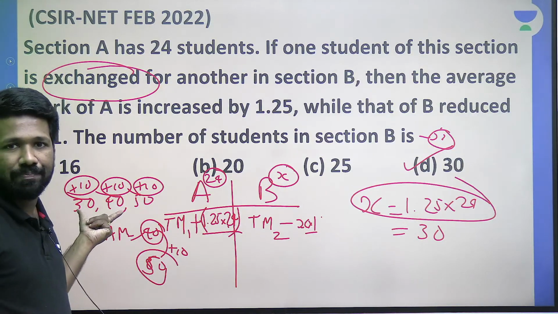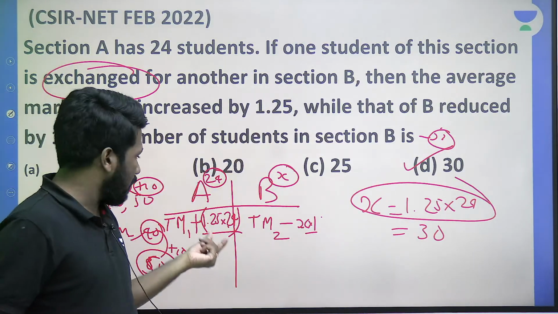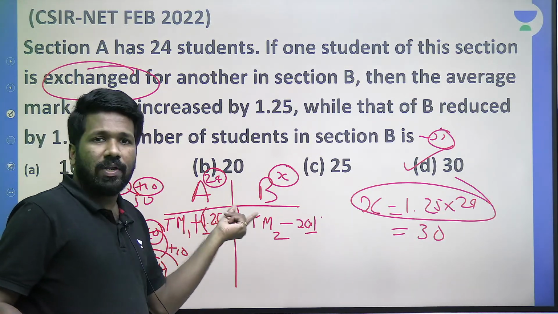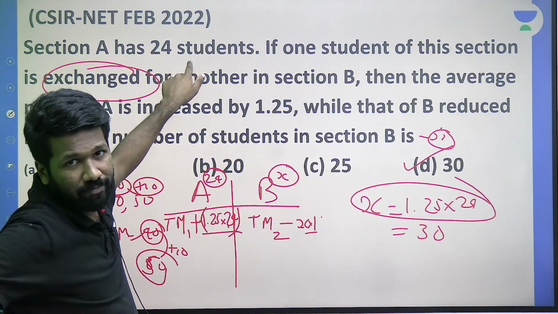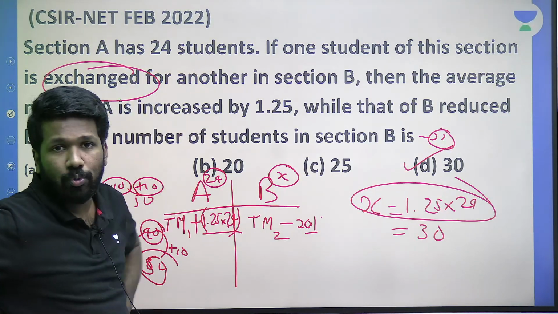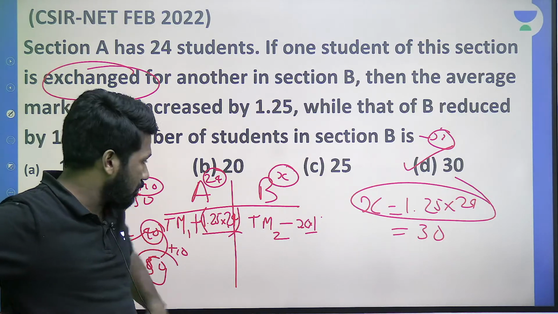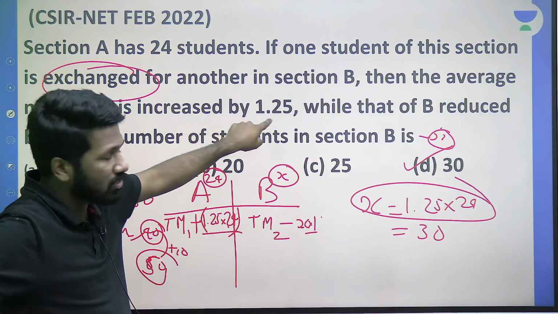Number of observations. Same way, here the average increases by 1.25, so the total mark increases by 1.25 into 24, because there are 24 observations, 24 students in section A, so the total change in the total mark is 1.25 into 24, because the change in average is 1.25.